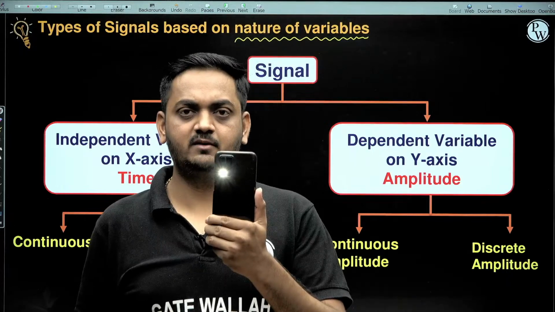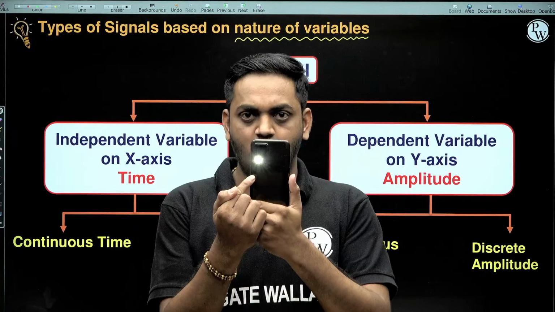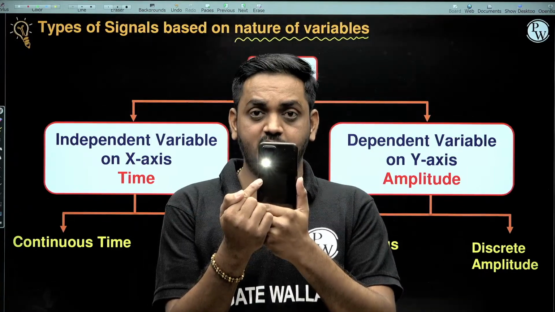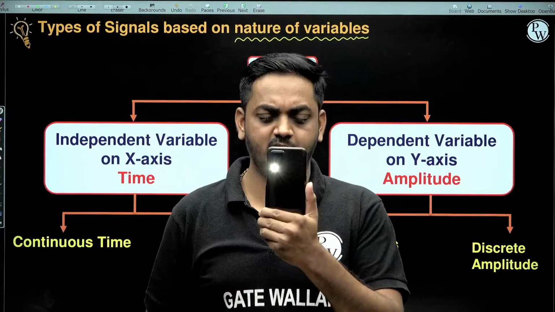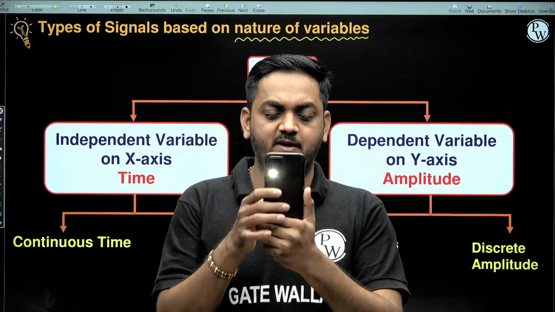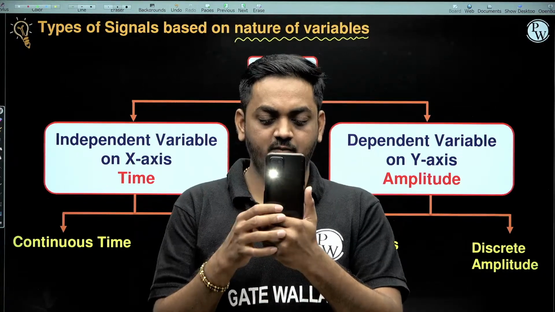As of now, is the intensity of the flashlight continuous or discrete? Are you getting continuous intensity of this flashlight or in a discrete manner? Tell me in the comment box. I am expecting an answer from each and every student.